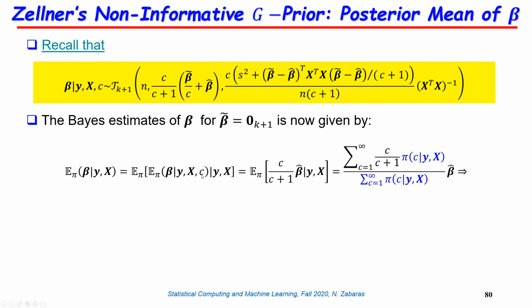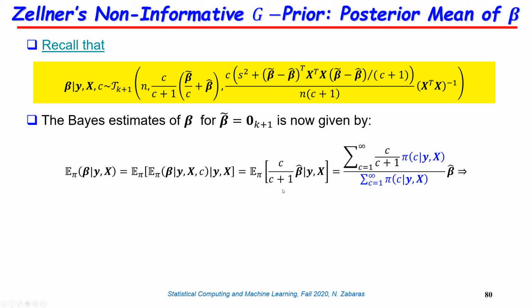So first I'm conditioning on C, I am taking the expectation with respect to beta, and once I am done, then I take the expectation with respect to C. Now the expectation of beta given C is given by this nice formula, and of course the tilde of beta is 0 in our model.